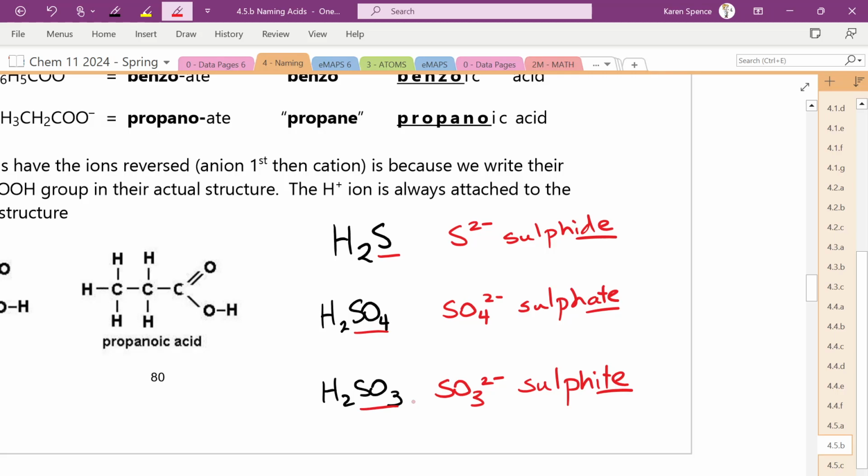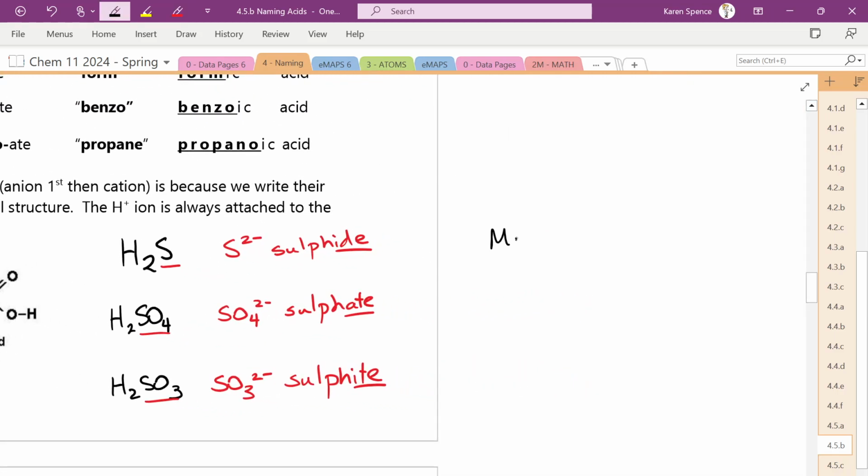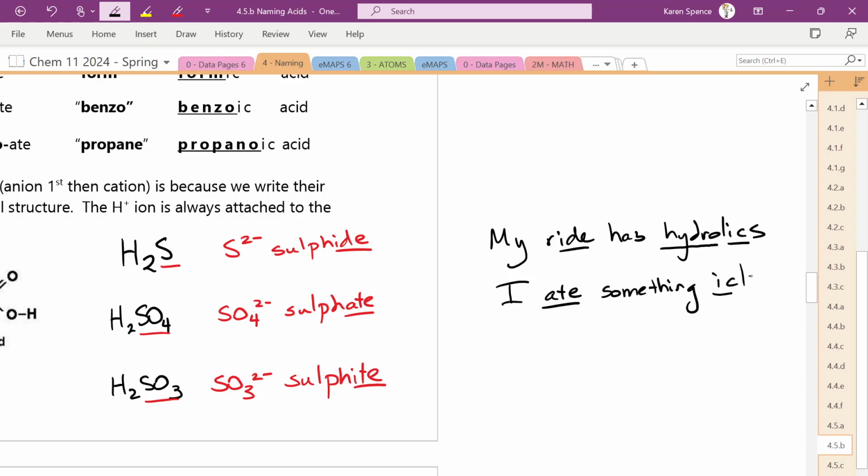Do you think you could give those their acid names? Do you guys think you could name those three acids? Give it a try.